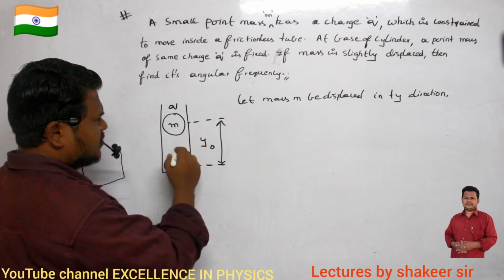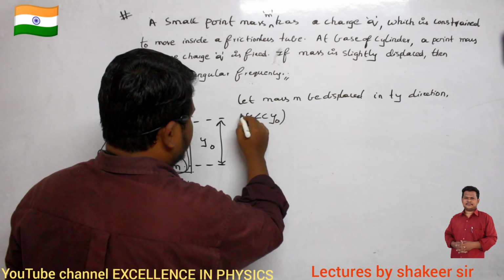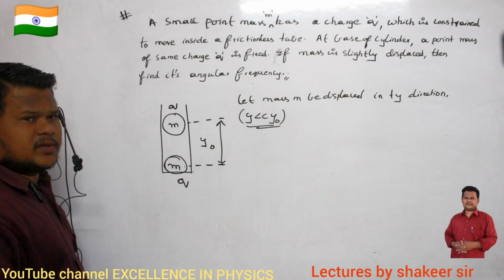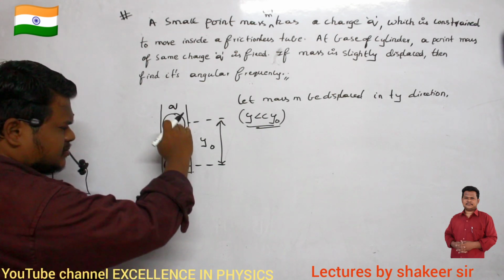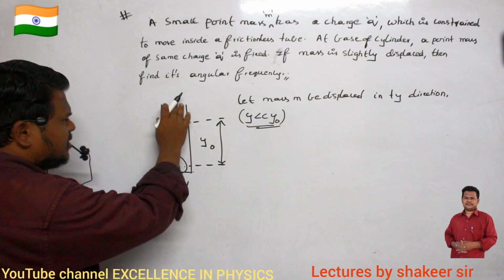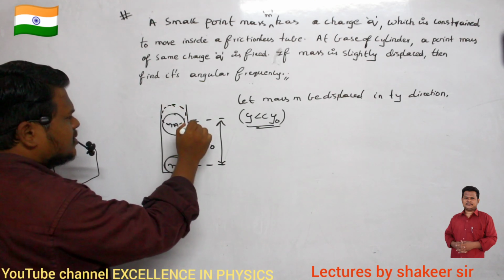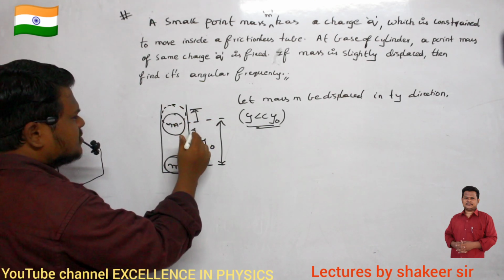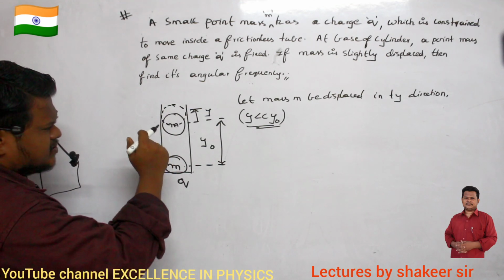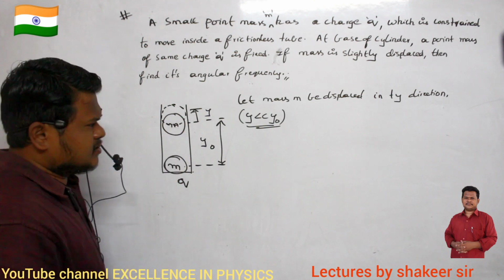When compared to y naught, I can say y is much less than y naught. What is meant by y is much less than y naught? When compared to the separation between the bodies, the displacement is very small. Clear? So slightly I am displacing this one up to here. So this displacement is how much? This displacement is y.